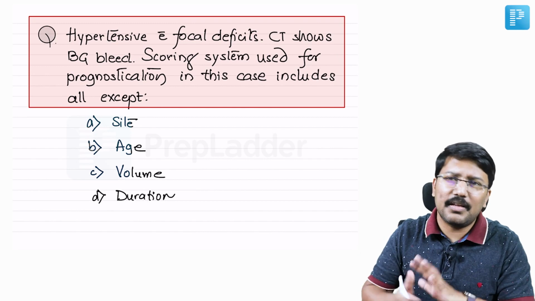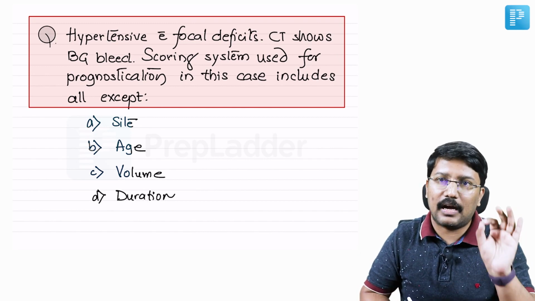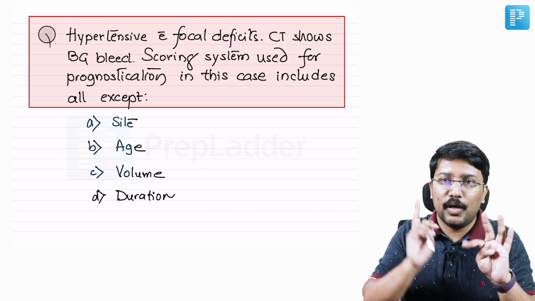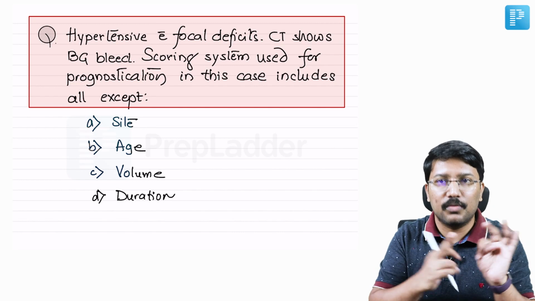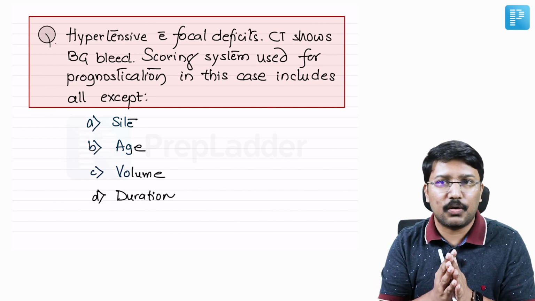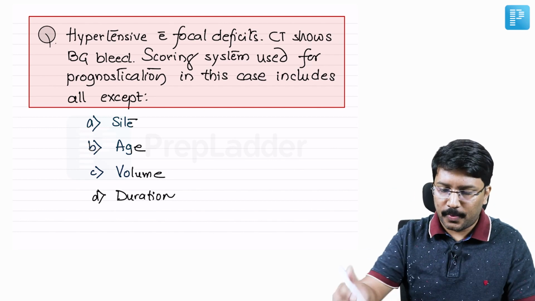If it is a relatively rare disorder, then probably the scores are not important for us, but the components are definitely important. That much you have to remember: the components, the proposer or the name of the person who first came out with the scoring system, and for selected disorders, the scores ascribed to individual findings.